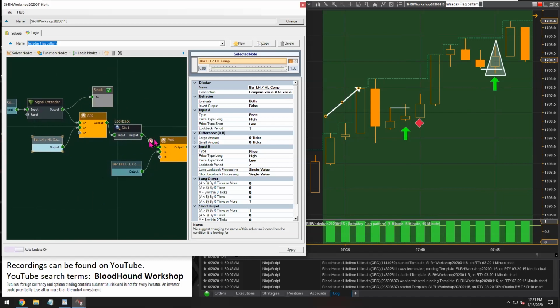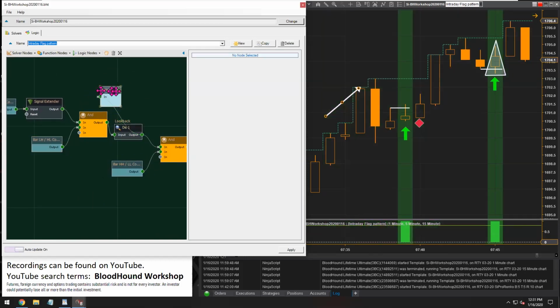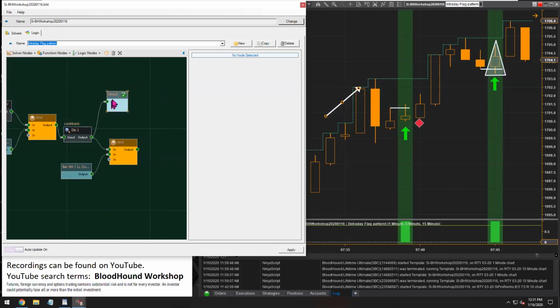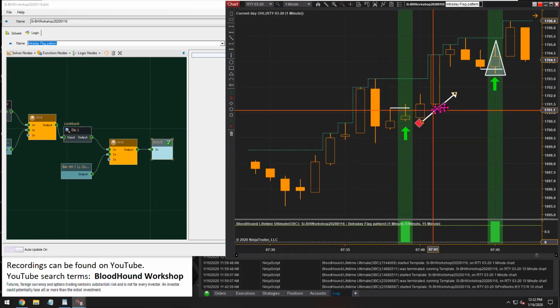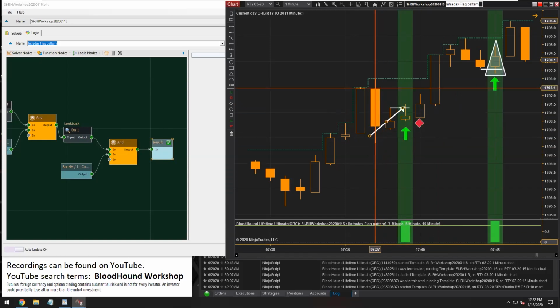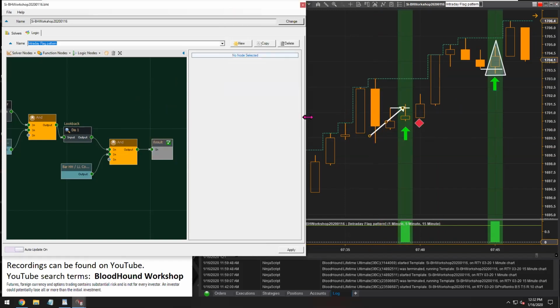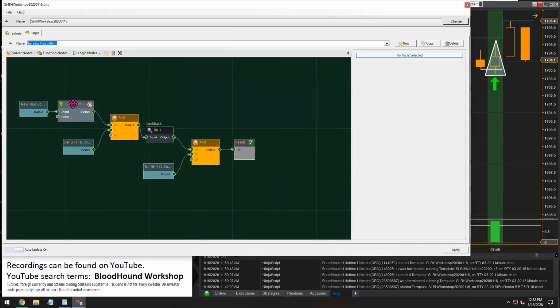Yeah, so what we would like ideally is we would like to take the actual flag pattern signal, this signal here, and feed it back into the signal extender. But you're not allowed to do that, right? Because it makes a circular logic.